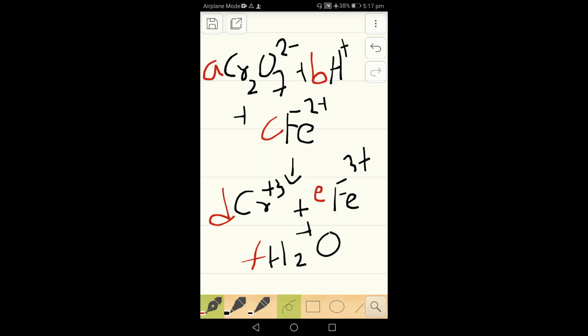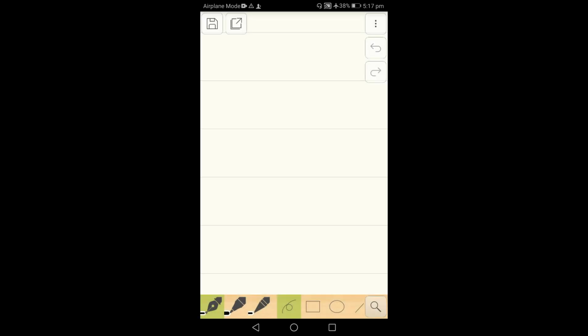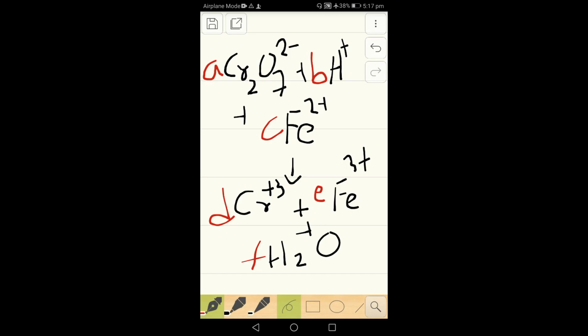Okay. So now we need to balance the reaction. So look, first of all, if we talk about chromium, then here is 2A, isn't it?